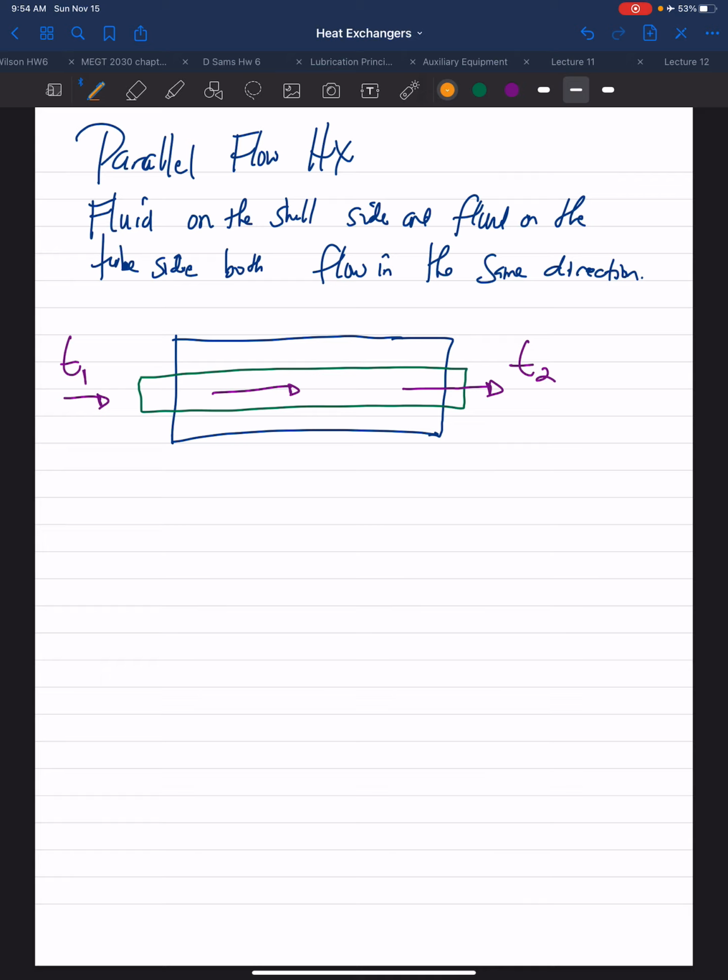And that's the direction of flow. For your shell side, temperature coming in, capital T1. This is the direction of flow. And then your shell side temperature leaving, T2. So incoming temperatures are 1, leaving temperature is 2. Incoming state is 1, leaving state is 2.